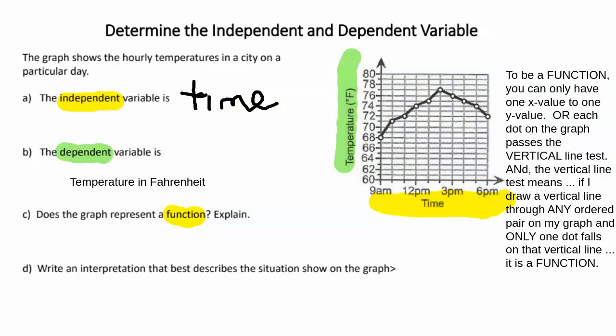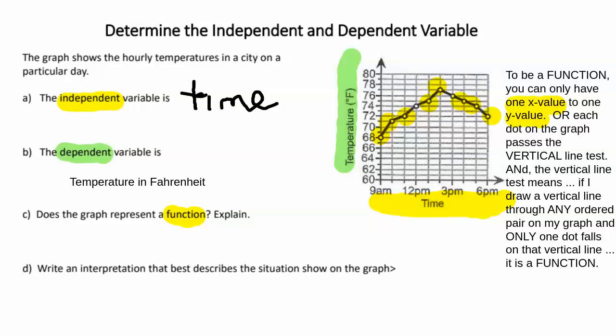Now, the top part may not be something that you can guess right away, but in this case, to be a function, you're going to have one x value to one y value. Well, if you look at each of these dots, I can only have one time and one temperature for each of those dots.